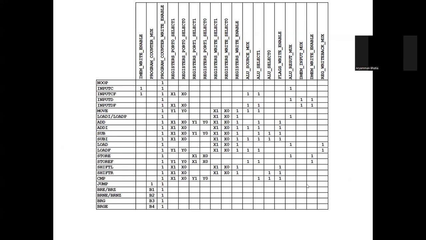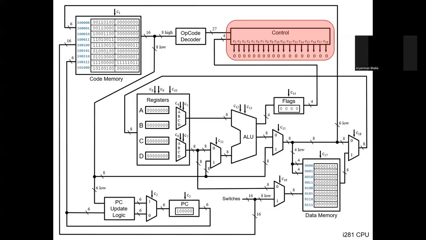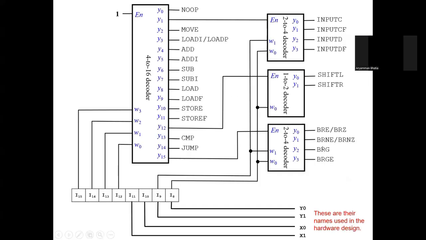Now the first thing I want you to notice is that in this operation we have compare over here in the first decoder. So for our CPU to know that it needs to execute compare, it already gets that information from the 4 MSBs. So we have x1, x0, y1, y0 free to give additional information.